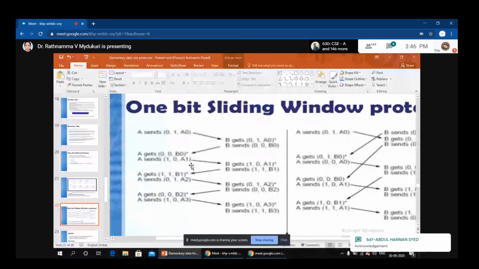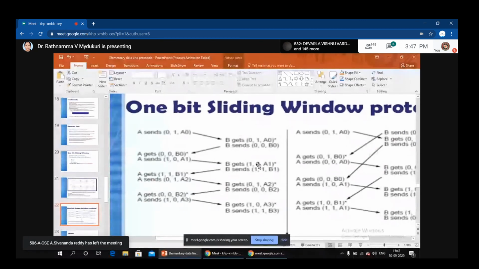So 0. Now A1 is sending. Now B gets this, shown with a star mark. So B is getting 1, the 0th acknowledgement, and the A1 packet. Now B is sending the B1 packet. So 1. This 1 is the acknowledgement of A1, and B1.